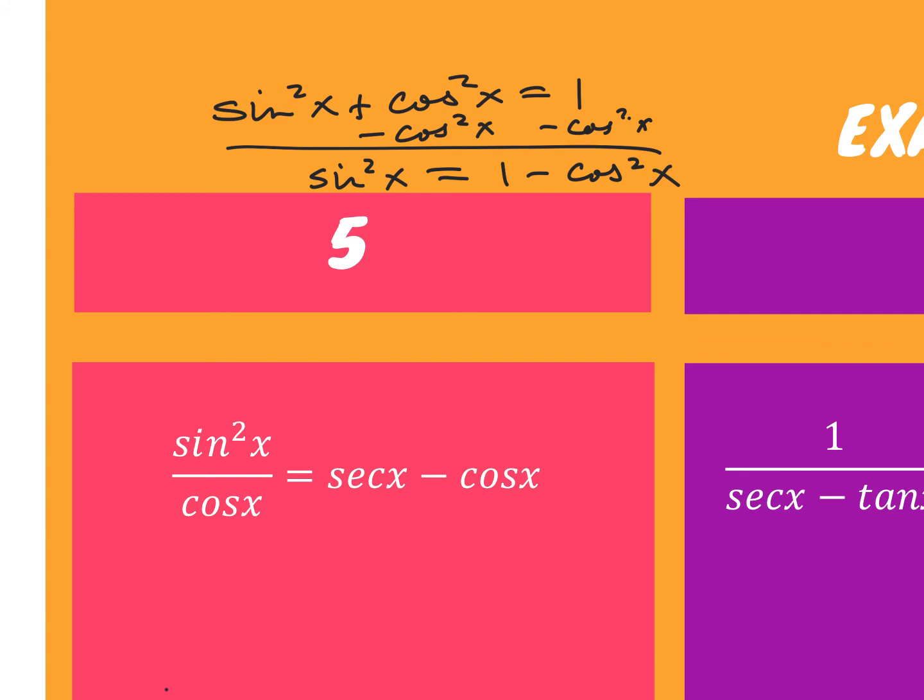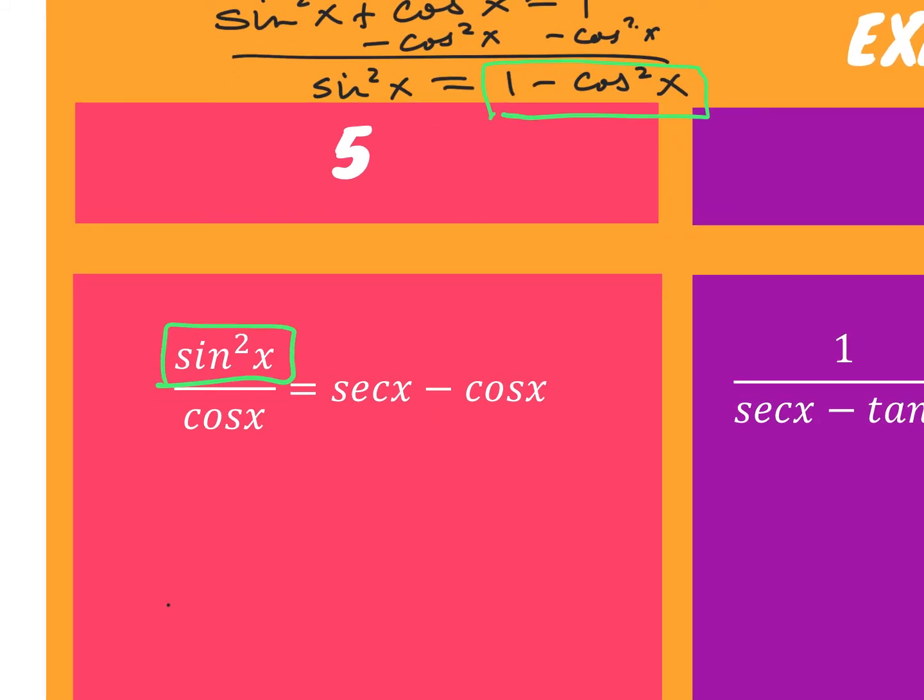So what I'm going to do is substitute sine squared x, and put in its place 1 minus cosine squared x. So 1 minus cosine squared x, and I still have the original cosine x on the bottom. Now what we're going to do here is break it apart.